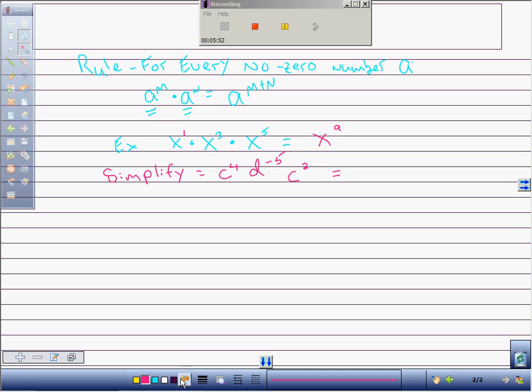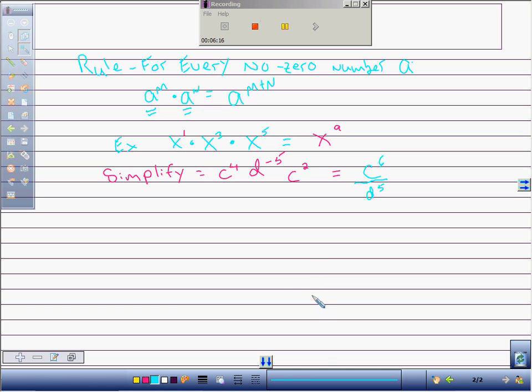Go ahead, Sam. What can I do if it's negative? Make it positive and then do what with it? Yeah, divide, bring it downstairs. So this is equal to d to the positive fifth down there.